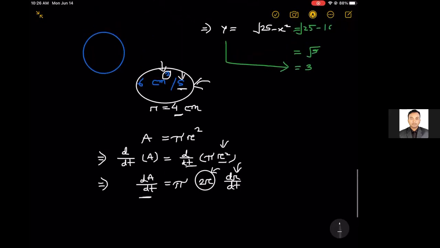The question wants you to find how fast the radius is changing. What's that? If the radius is r, how can I denote this English phrase, how fast the radius is changing, with a mathematical notation? What should be the notation if the radius is r?